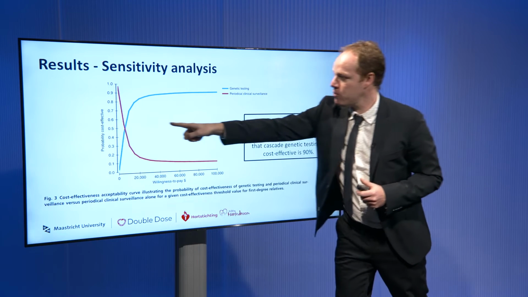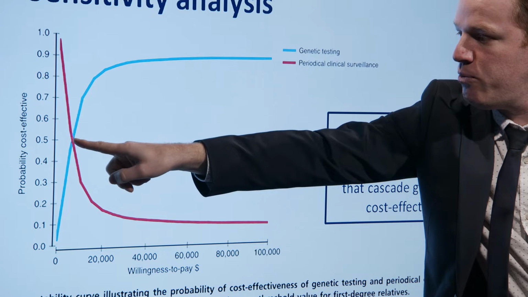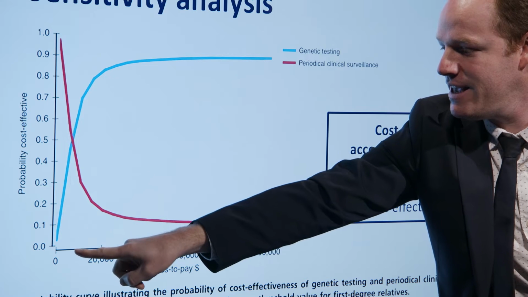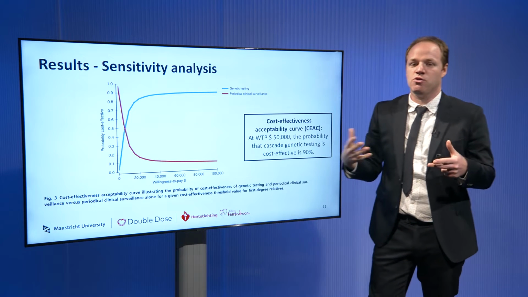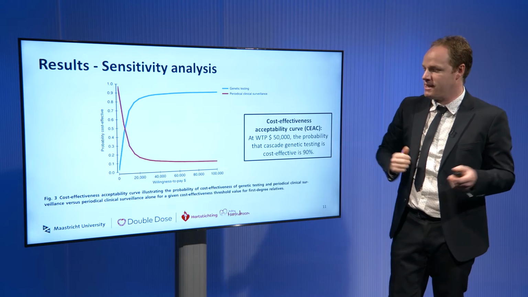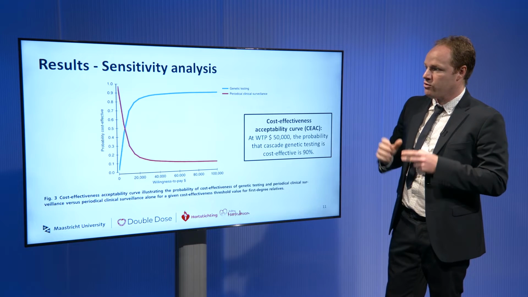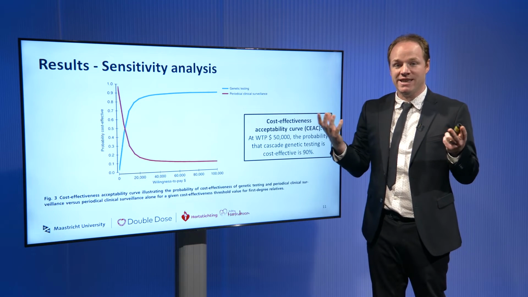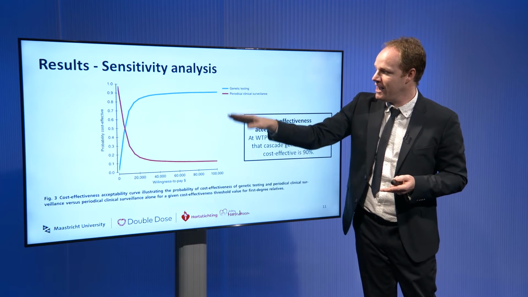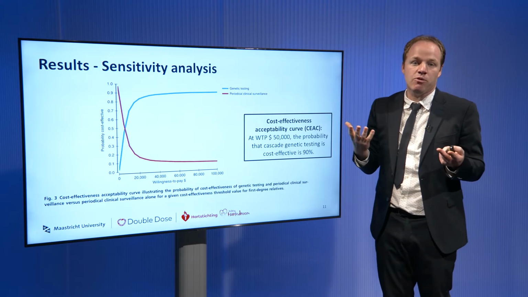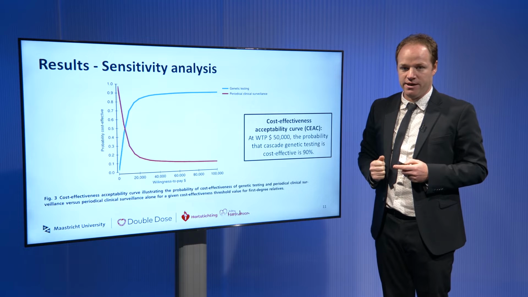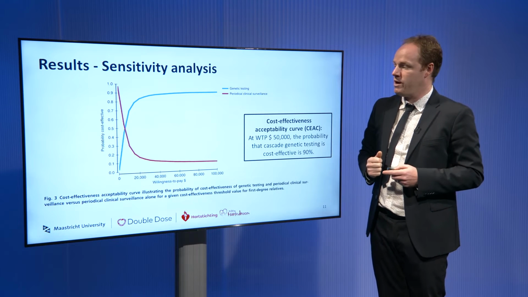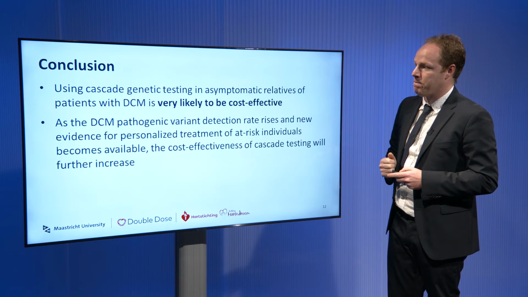And on average, where we are above 50% of both, we are near to our estimation of 6,000, which we also get in the deterministic approach. This is also a nice way to present and to characterize the uncertainty. And we really see that genetic testing has a high probability to be cost-effective at the current cost-effectiveness threshold in Australia.